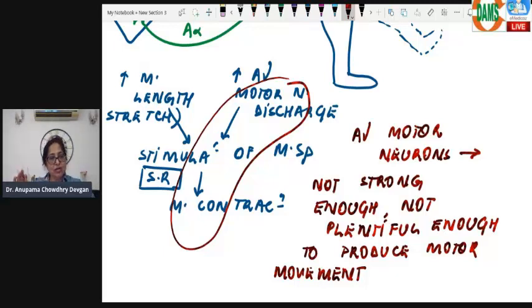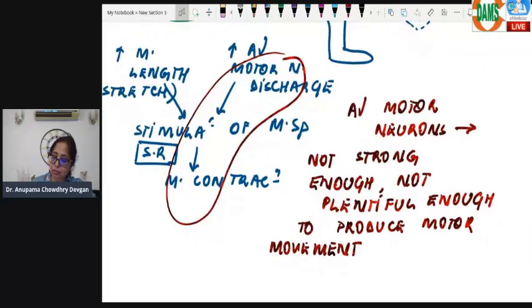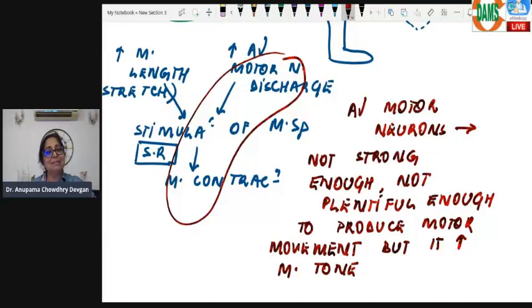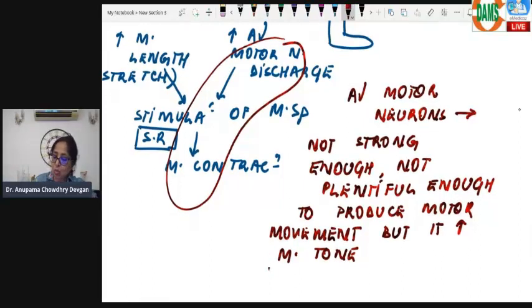Right? See, in a stretch reflex, the leg moves forward. But A gamma discharge, yes, it is stimulating the spindle. Yes, it is producing a muscle contraction, but not sufficient to produce a movement. But it increases muscle tone. What is muscle tone?